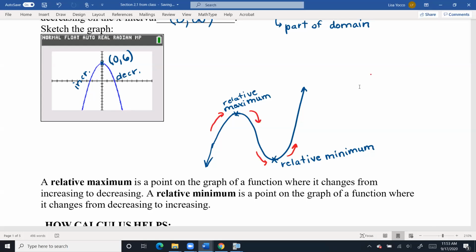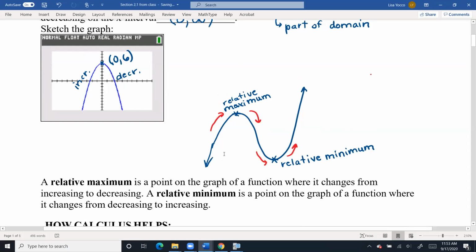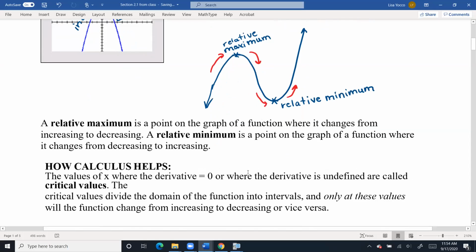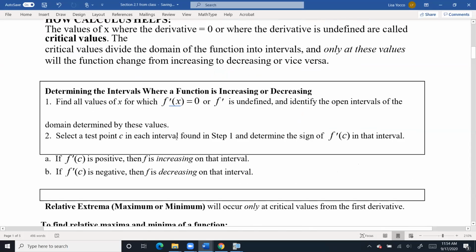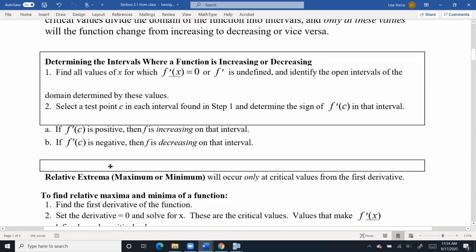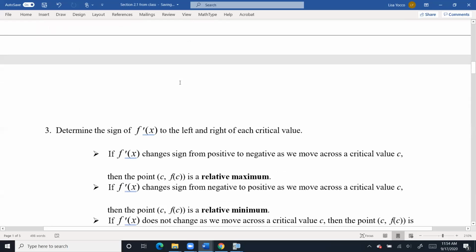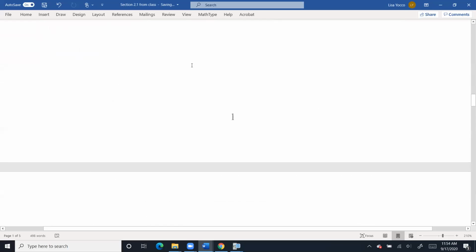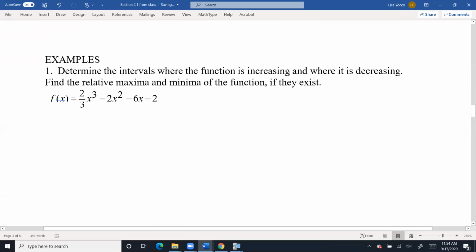Well, it turns out that the derivative tells us exactly where those places are going to occur. Okay, exactly where they're going to occur. So what I like to do here is just hop into an example. I'm going to go over to the first example and just show how this works.